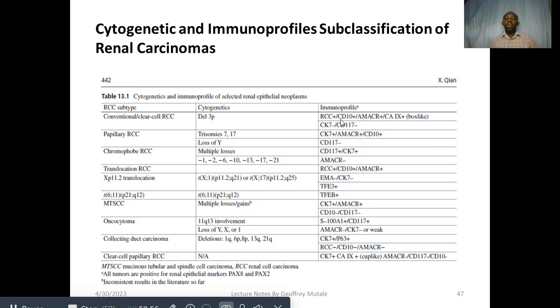Then the immunoprofile: RCC positive, CD10 positive, AMACR positive, CA9 positive, and the rest of the carcinomas can also be categorized based on these immunoprofiles and cytogenetic profiles.